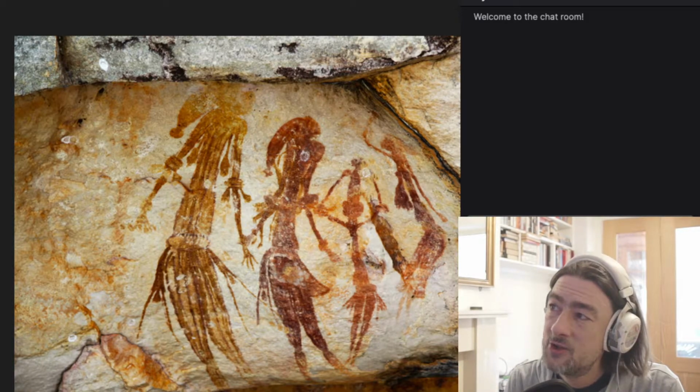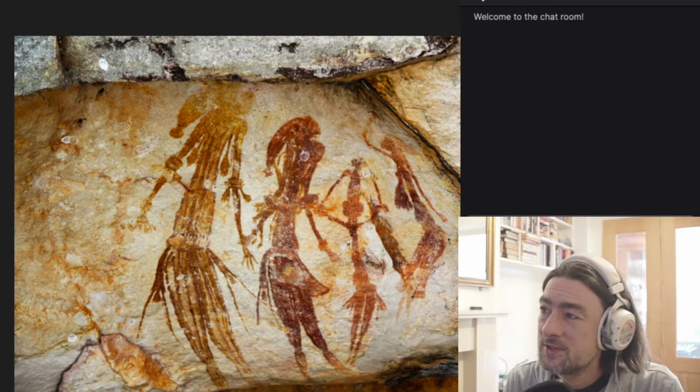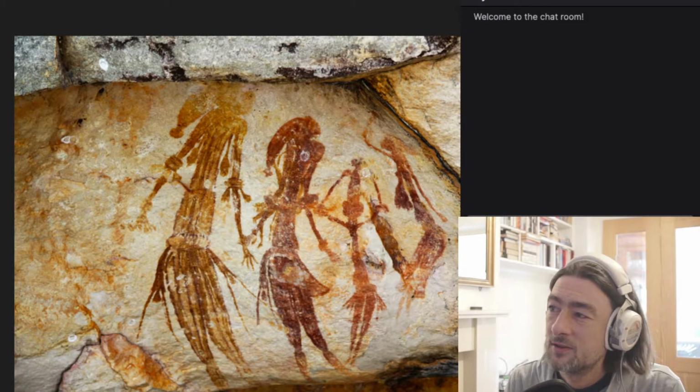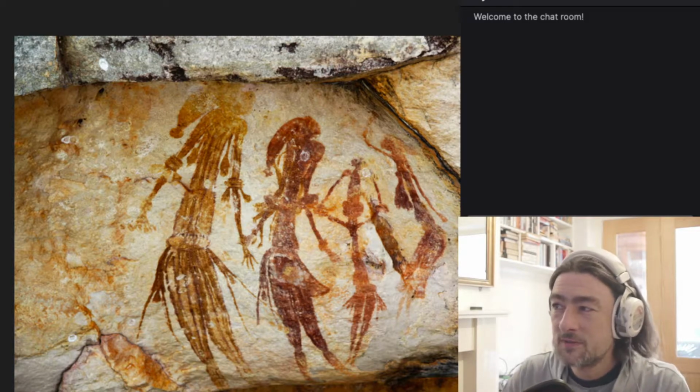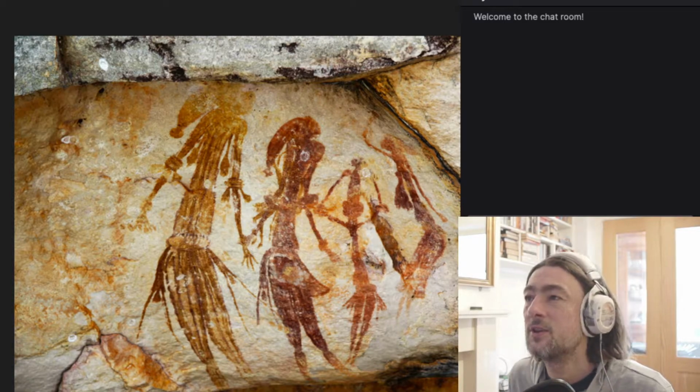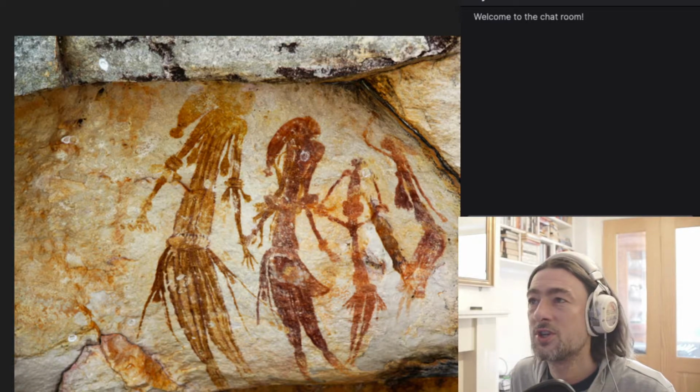Is that hair that's been tied back? There's definitely adornment to these figures. And there's some stuff going on, isn't there? Supernatural is a descriptive word that has been levied.